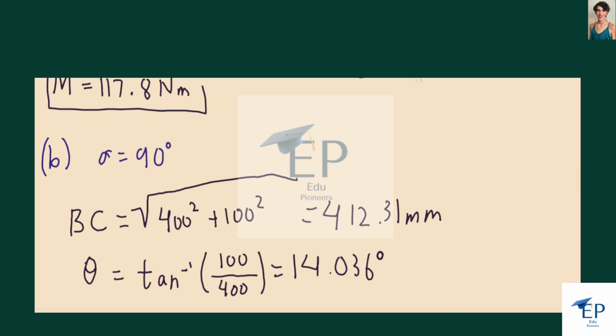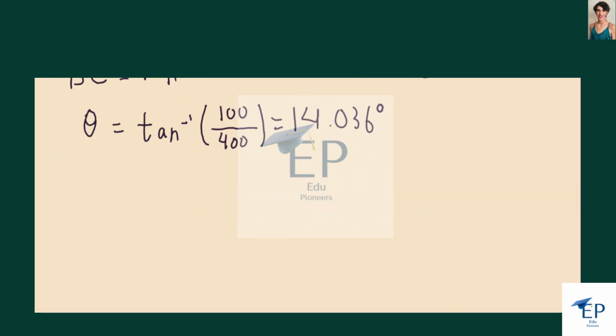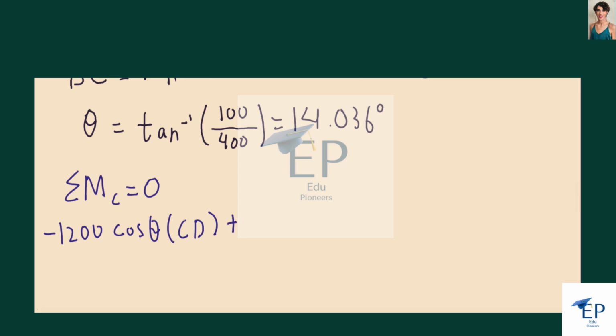And we now take the sum of moments about point C, set it equal to 0, and we can write this as negative 1200 times the cosine of theta times CD plus the force B times CV, and set it equal to 0.